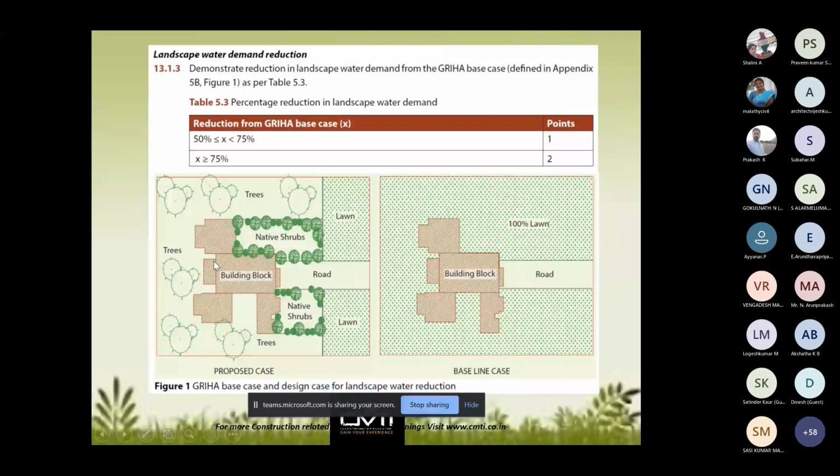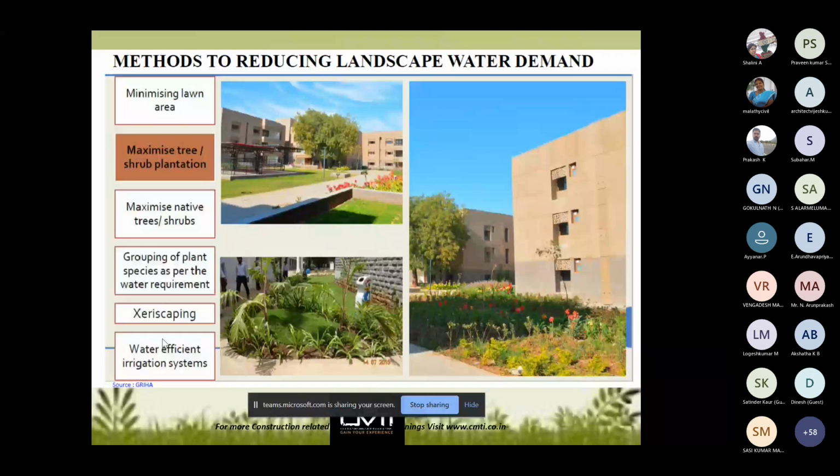Usage of native species means that for the landscape, the plants you are using should be native species, so that water consumption is very less and water is utilized properly. That is one of the recommendations. You can see here, native trees and shrubs are recommended.